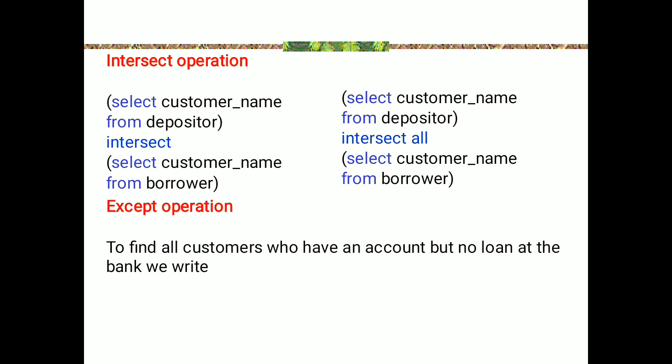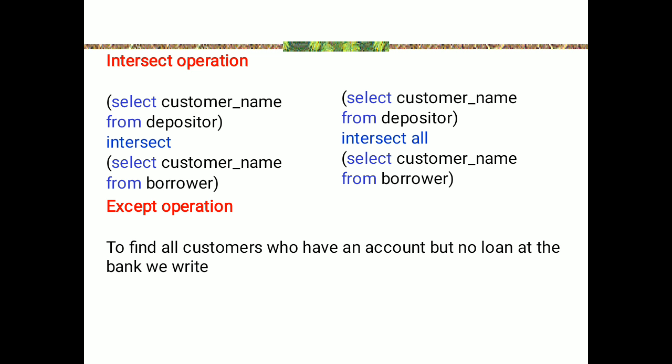So intersect shows you the common data, the common customer names in depositor and borrower tables. There are again two variations of intersect. Intersect, which avoids the repetitions or duplicate data, and intersect all, which retains the duplicates.